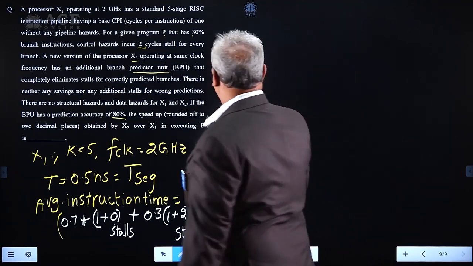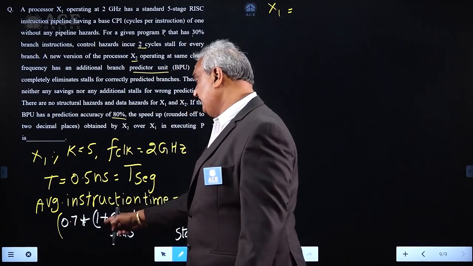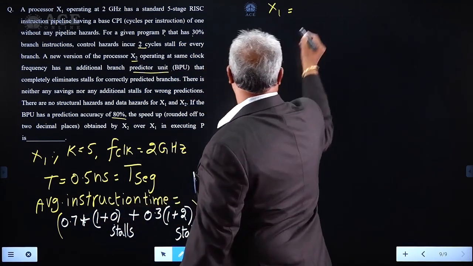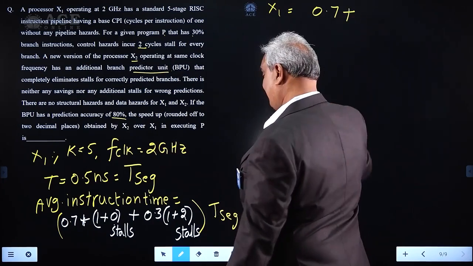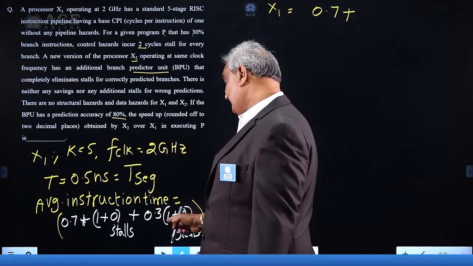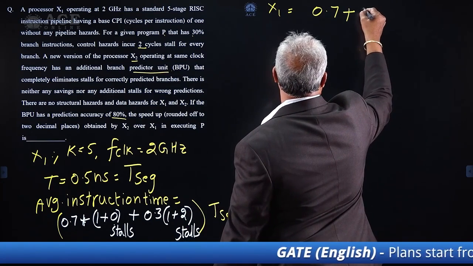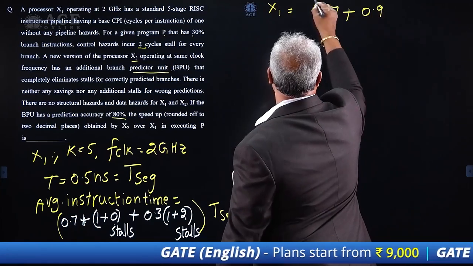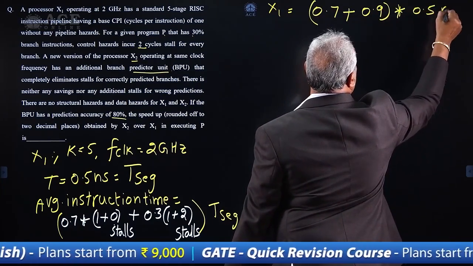Now x1 time is nothing but 0.7 into 1, 0.7, plus 0.3 into 3, which means 0.9, into T segment, 0.5 nanosecond.